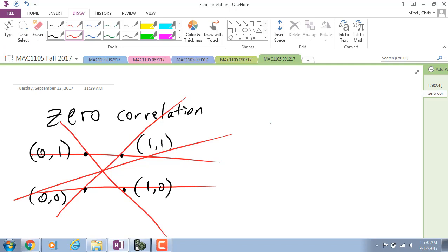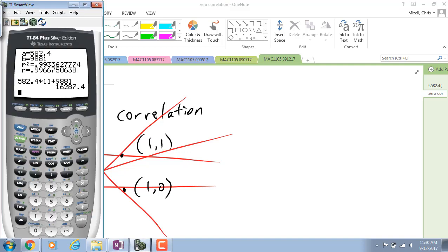So for zero correlation, let's see if we can do this here: stat, edit, keep the 0, keep the 1, go with another 0 and another 1, and delete that entry, delete that entry. So if we go 0, 0, 1, 0, 0, 1, and 1, 1, I think those are the same 4 points, maybe not in the order in which I listed them.